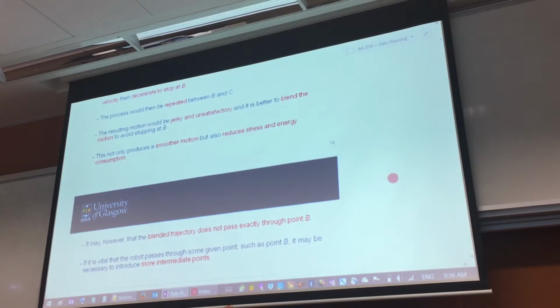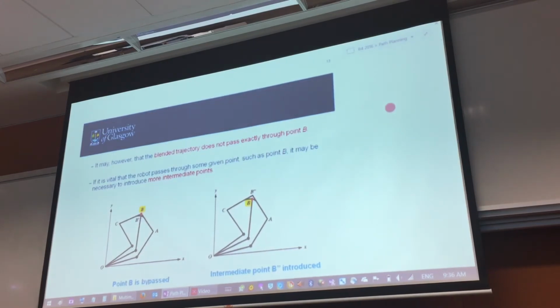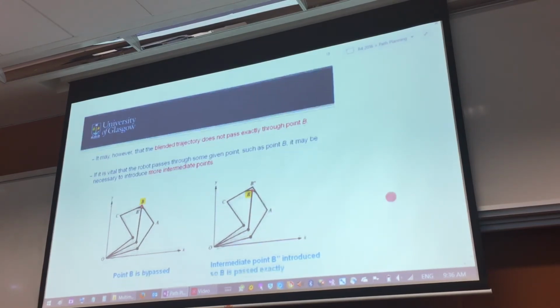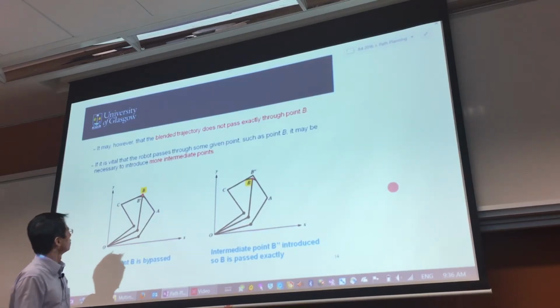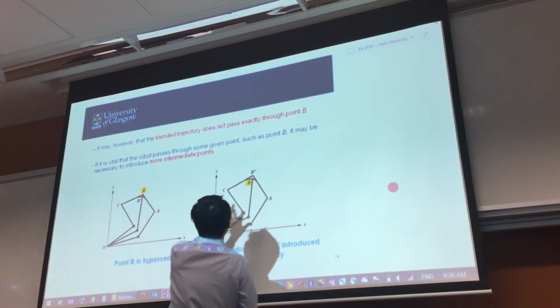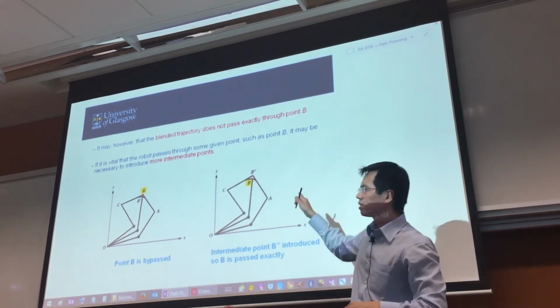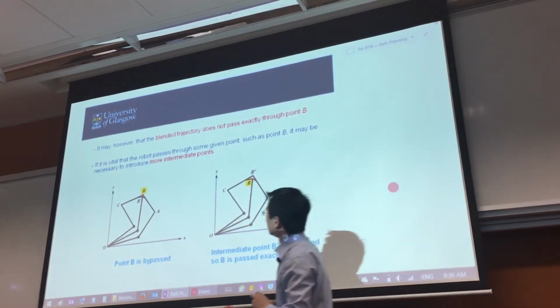We can have what we call a blended trajectory. And I'm going to use these two figures to show you that. This figure and that figure are actually a little bit different here.